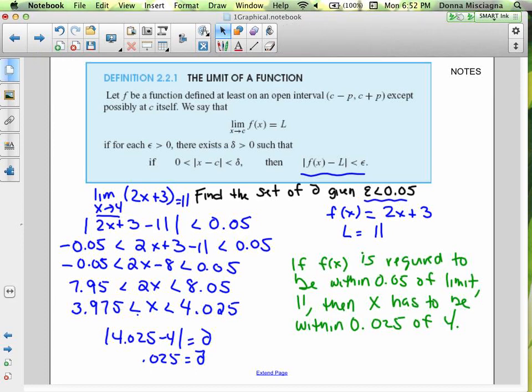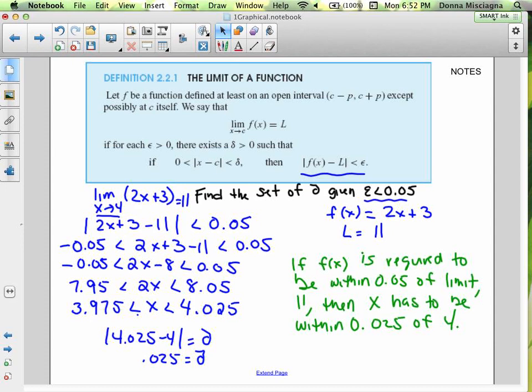So when the limit exists, if you say 0.05 wasn't enough for you, maybe you want 0.000001. Whatever value you come up with for epsilon, I should keep getting smaller and smaller values for delta. And that's the whole idea of our formal definition.